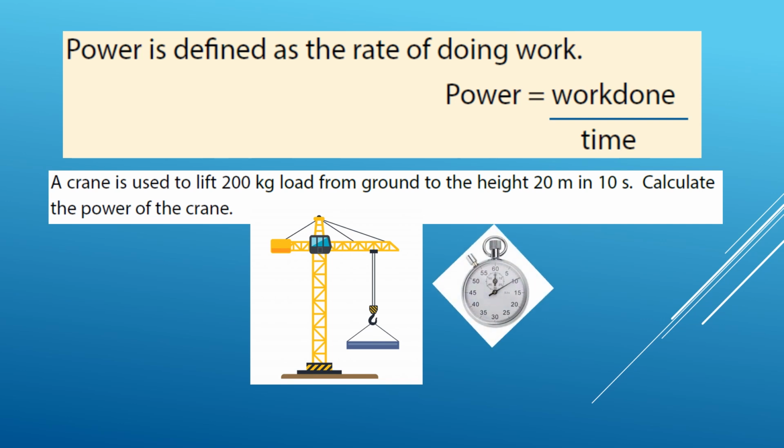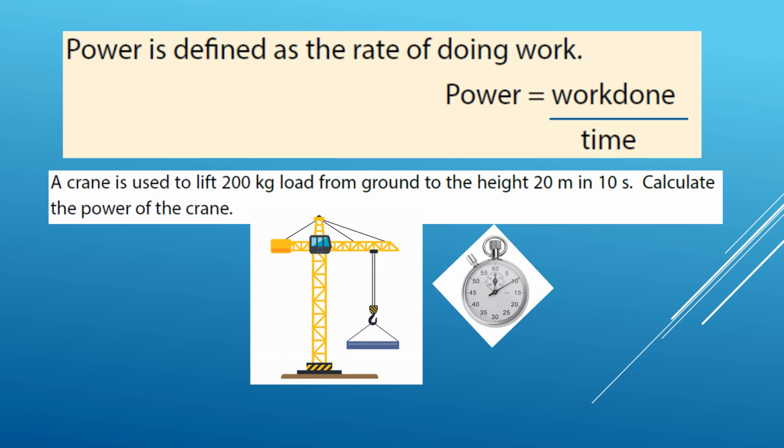So, the mass is 200 kilograms, the height is 20 meters, which gives the work done as the weight multiplied by height, or simply work done is equal to mgh, which gives 200 multiplied by 10 multiplied by 20. It gives 40,000 joules.